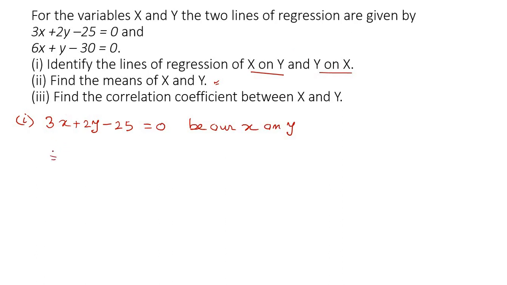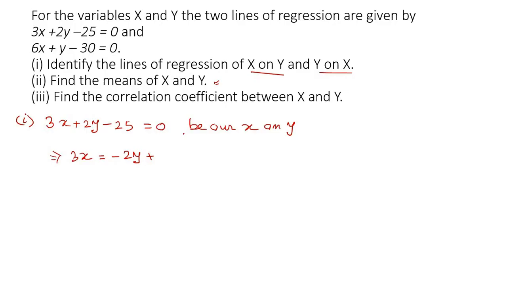Since it is x on y, I keep x on one side and take the other things to the other side. So I get 3x equal to minus 2y plus 25. And then this gives me x equal to minus 2 by 3 y plus 25 by 3. So this gives me bxy equal to minus 2/3. And the other equation has to be y on x.